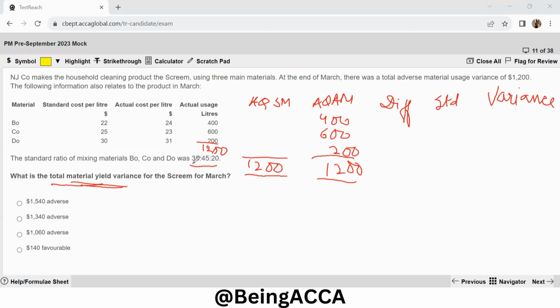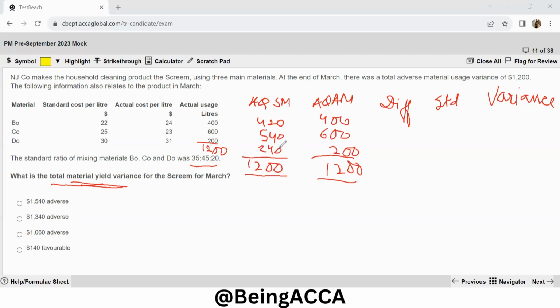So this is my ratio in which I will have to split these 1200. So 35 plus 45 plus 20 is a total of 100%. That means for the first one, this will be 1200 multiplied by 35 and dividing this by 100. So I get 420 over here. Then similarly, 45% of 1200 will be required over here, which is 540. And then I have 20% of 1200 that will be written over here, and this comes out to be 240.